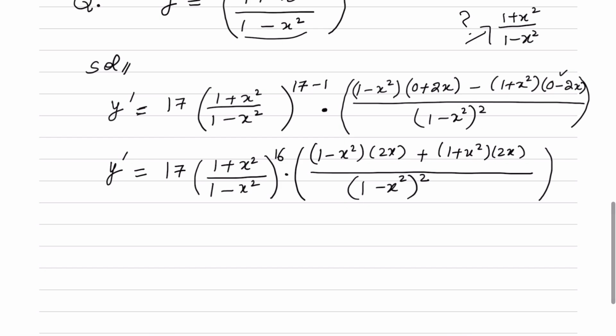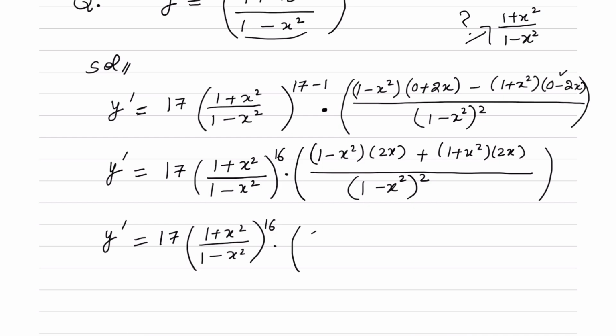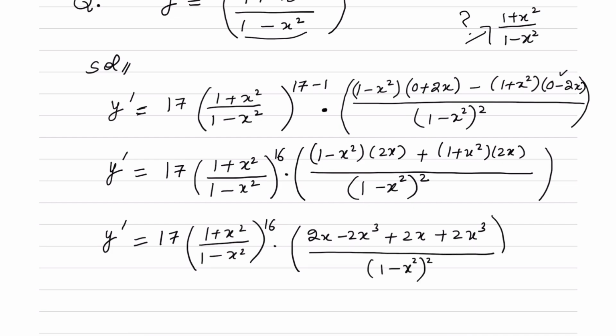We can simplify this expression further, which is 17 into (1 plus x square over 1 minus x square) to the whole power 16. In the numerator we have 2x minus 2x cube plus 2x plus 2x cube, whole divided by (1 minus x square) whole square.